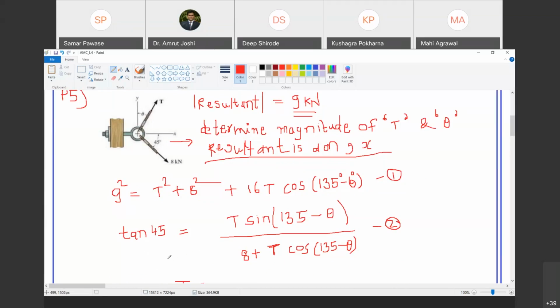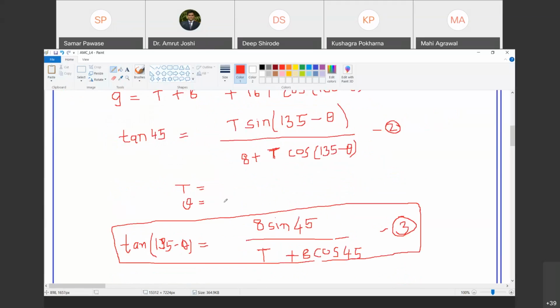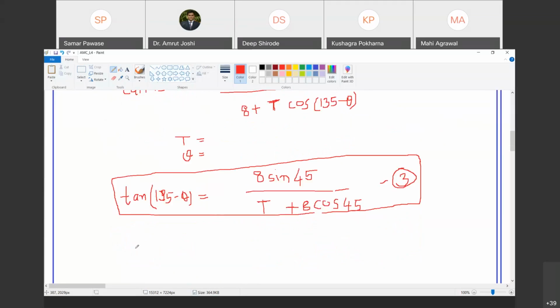ओके सो अब जरा रुको यहाँ पे देखो, can we write down this third equation in this format: tan (135 minus theta) is equal to 8 sin 45 upon T plus 8 cos 45. Tell me, is it correct, Mahi? Yes, sir. If it is correct, now just simplify this.